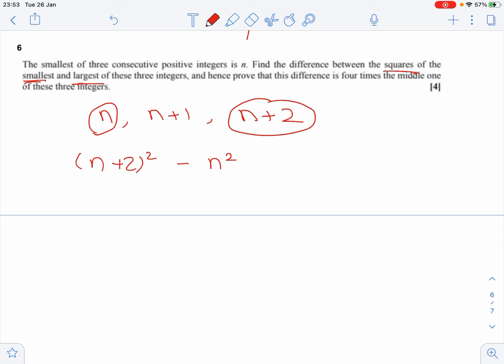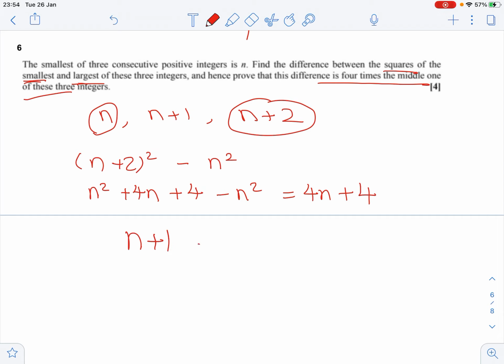Expand your bracket. So n squared plus 4n plus 4 minus n squared. So this is 4n plus 4. And hence prove that the difference is 4 times the middle number. So as we can see from here, our middle number is n plus 1.